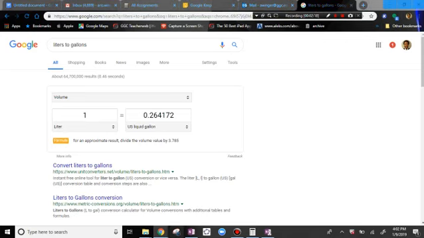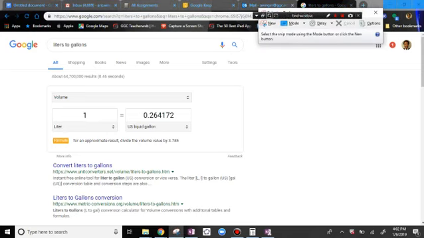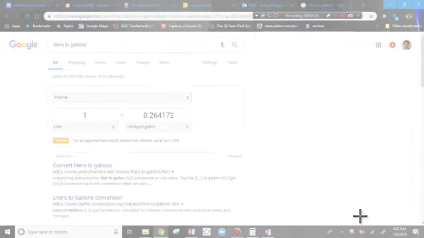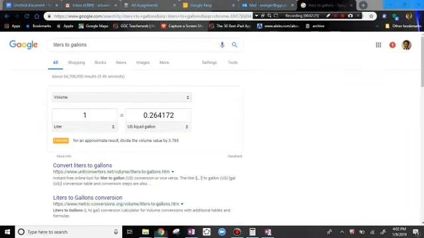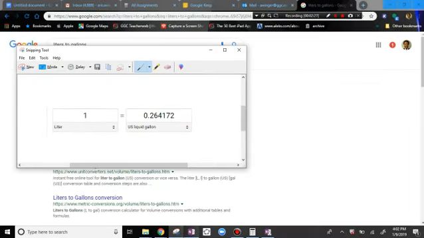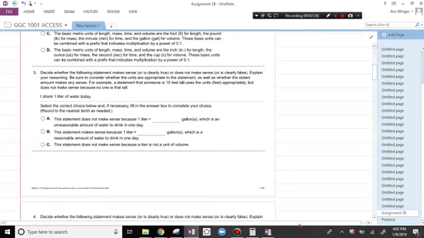So a quarter of a gallon should be okay. So the statement does make sense. 1 gallon is 0.26, or in this case, it's going to be 0.3, because I think they want you to round to 1 decimal place.